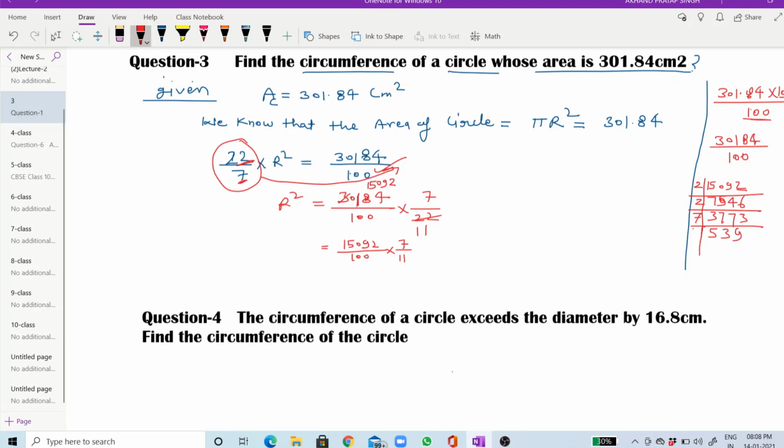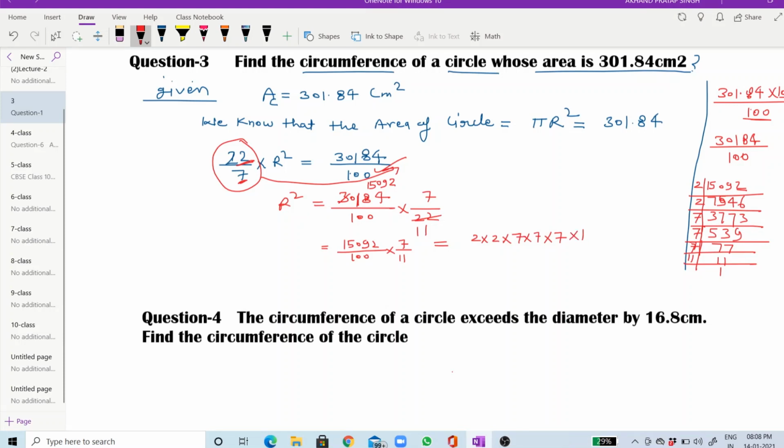Now again 7, 7 7s are 49, and it remains 4, it becomes 49, 7 7s are, and again by 7, so it becomes 1 and 1. Now from 1 and 1, you just put this value here. So 2 into 2 into 7 into 7 into 7, this 7, and into 1.